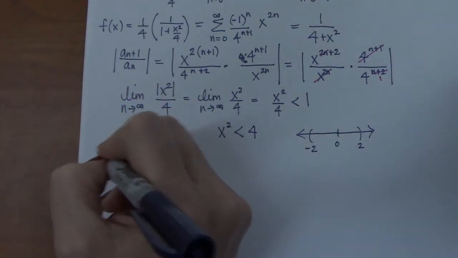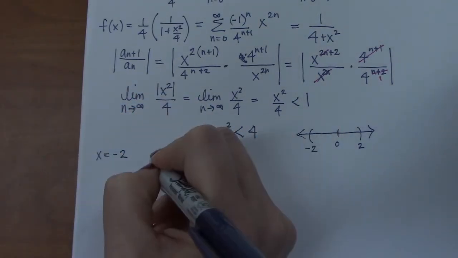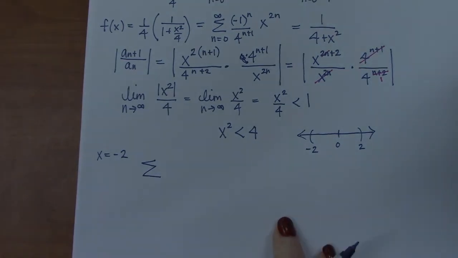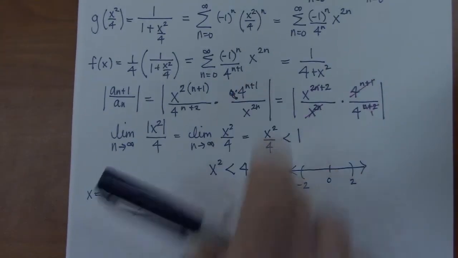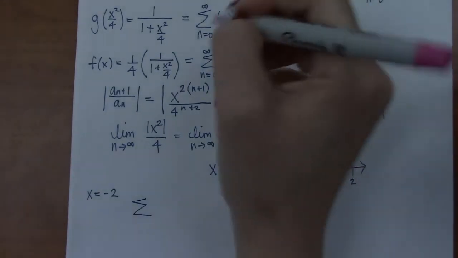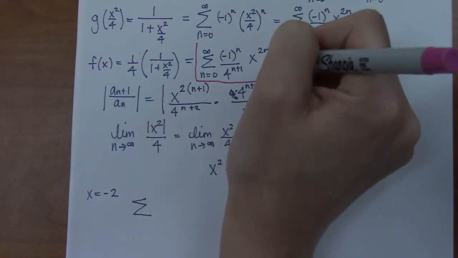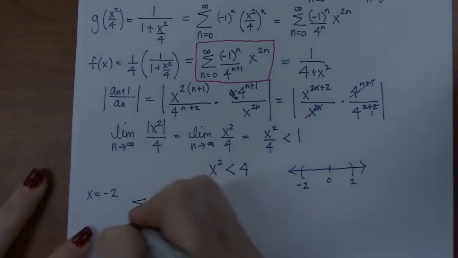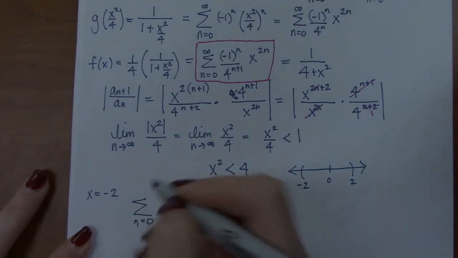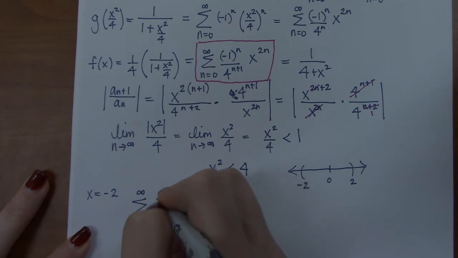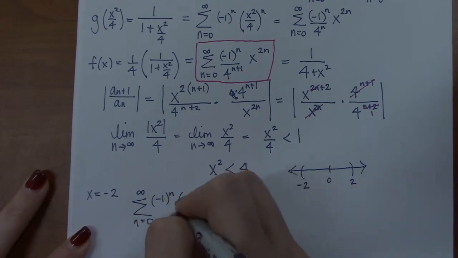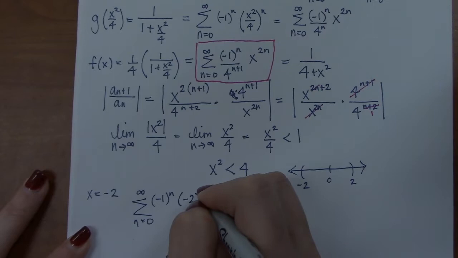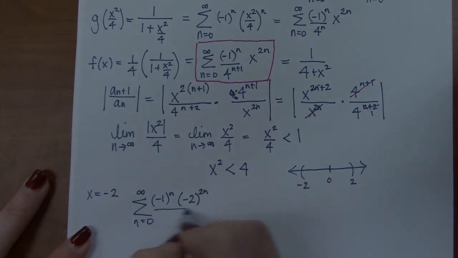So if x is negative 2, and remember, we're plugging it into this series we found right here. Right, this was our final series we were finding the endpoints for. So when x is negative 2, I'll get negative 1 to the n. You have to put the negative 2 in parentheses and raise it to the 2n over 4 to the n plus 1.